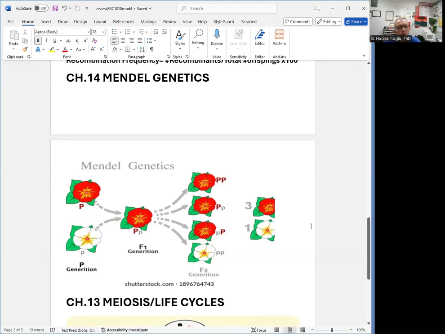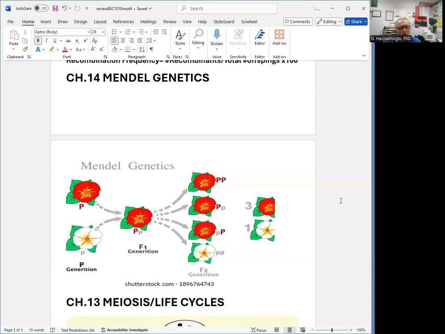In chapter 14, students should make a list of vocabulary and study each term, including alleles, genotype, phenotype, homozygous, heterozygous, dominant, recessive, X-linked recessive, and then the specific Mendel laws of dominance, segregation, and independent assortment.